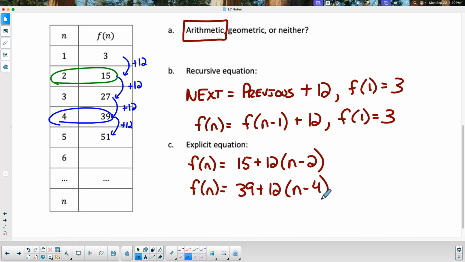Both of those simplify down to a much nicer function, 12n minus 9. Okay?